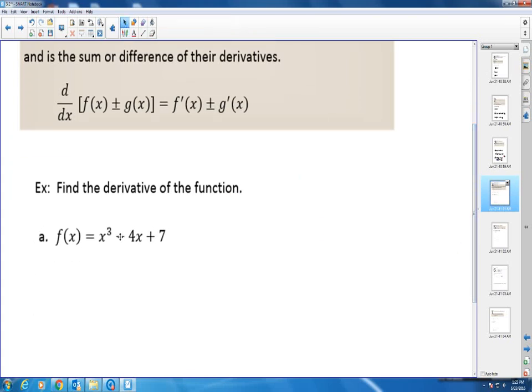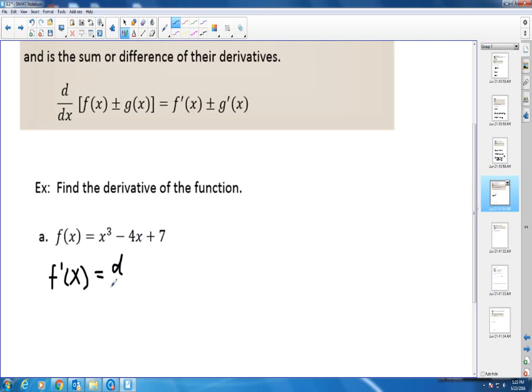Alright, so I'm going to write a little bit more on this example. Okay, so if I want to take the derivative of this function, my f prime of x, I can actually split up these three terms as three separate derivatives.